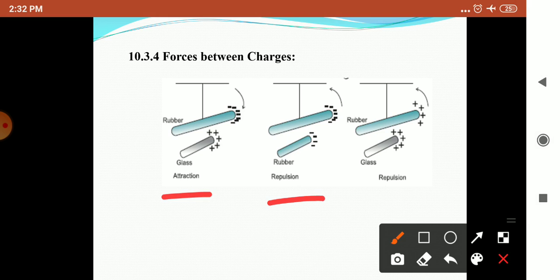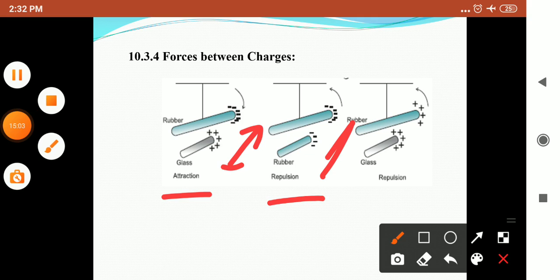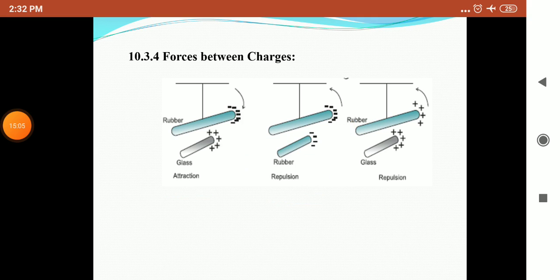From this diagram you can observe it: when there are opposite charges, they attract each other, and when there are the same charges, they repel each other. This is about the electrostatics introductory part: quantization of charges, conservation of charges, and forces between charges with the additive nature of charges.